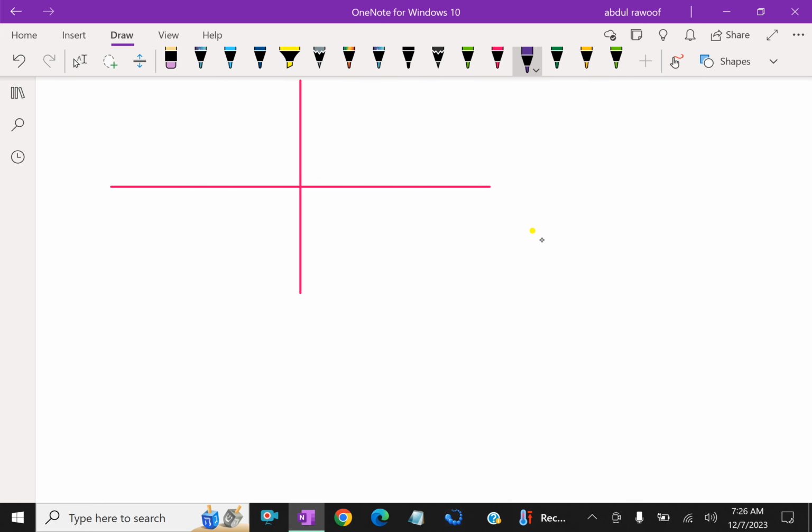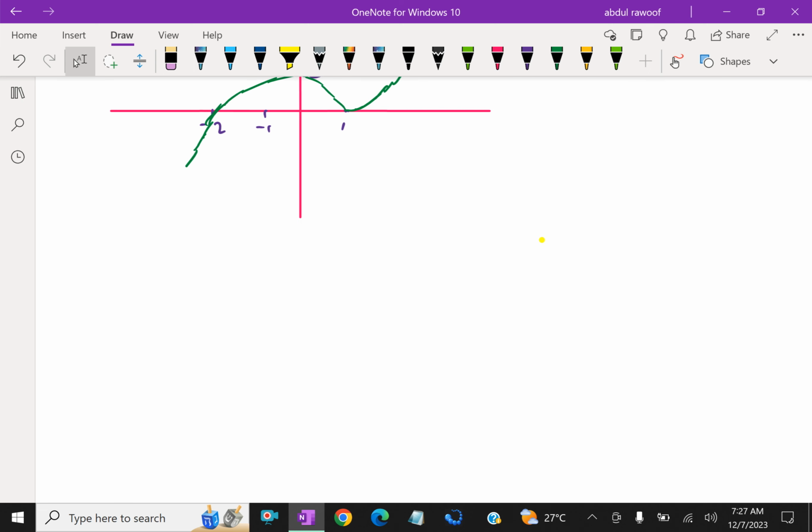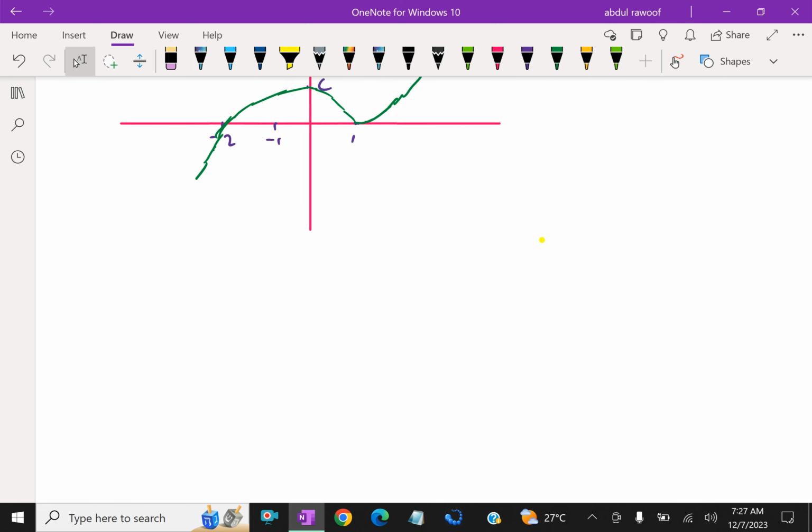Here minus 1, minus 2, and the point C and 1. Look at this figure. Some sketch is drawn and given. From this sketch, point C is here.